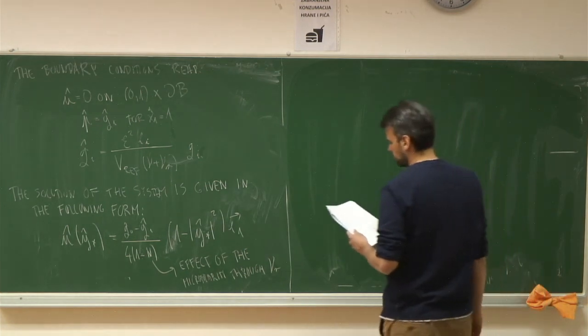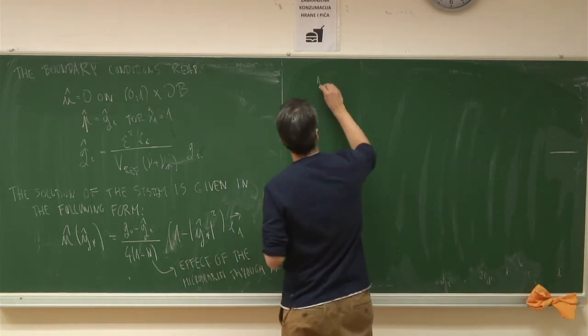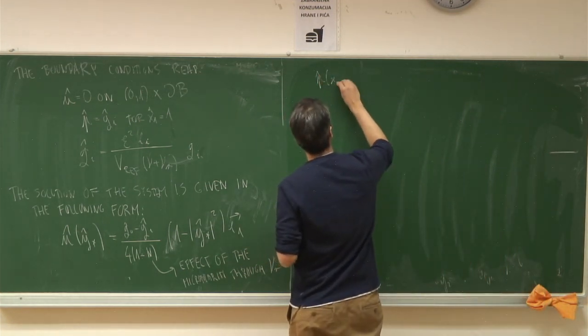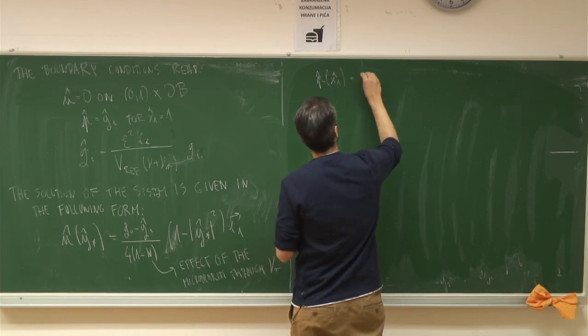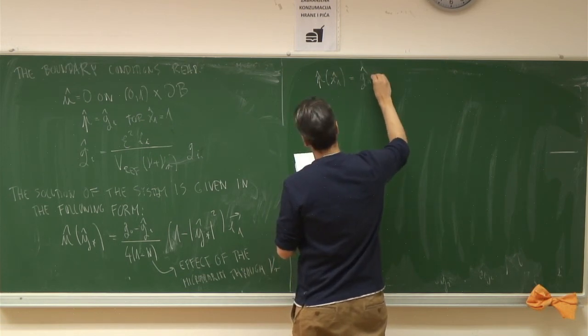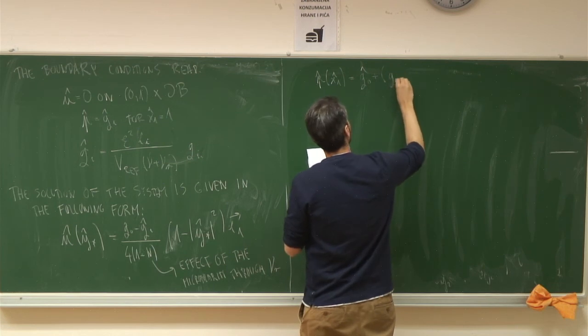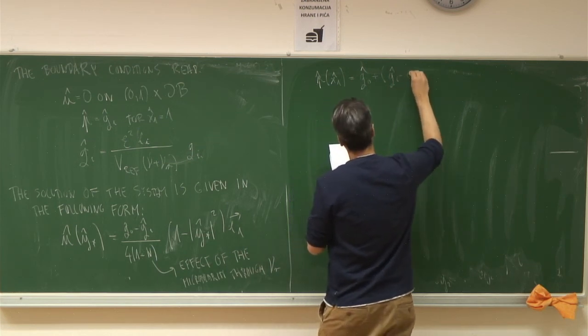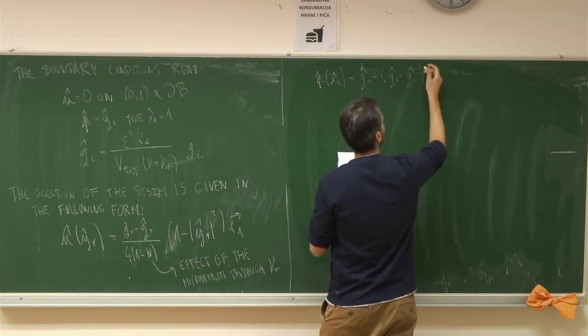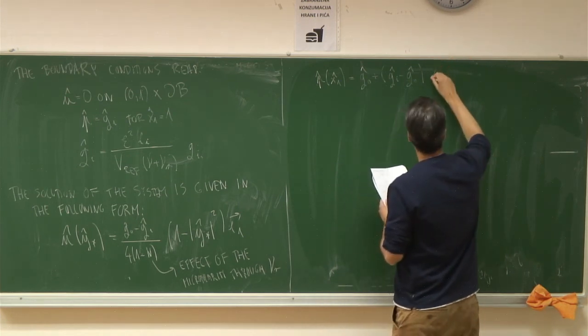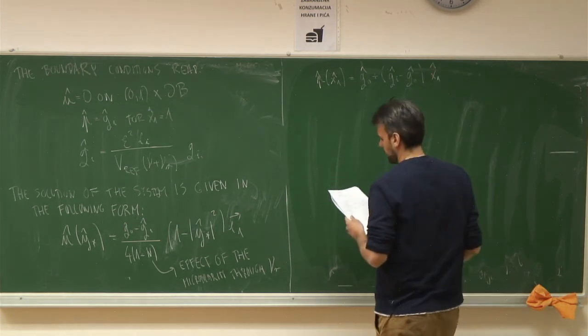Okay, and you also have this P kappa of x1 kappa, just q0 kappa plus qi kappa minus q0 kappa times x1 kappa.